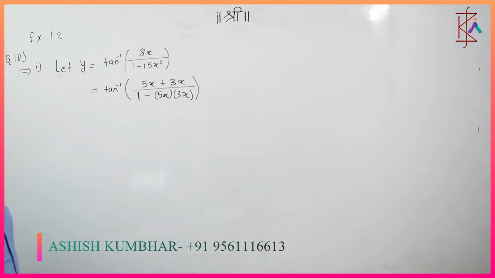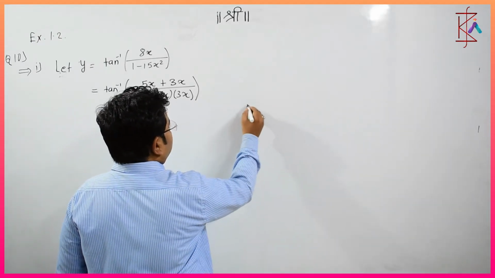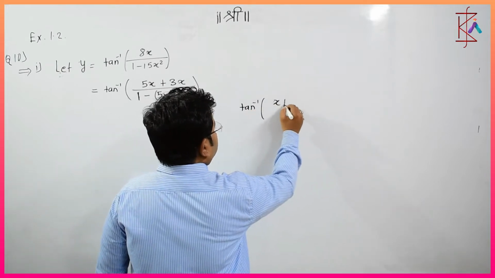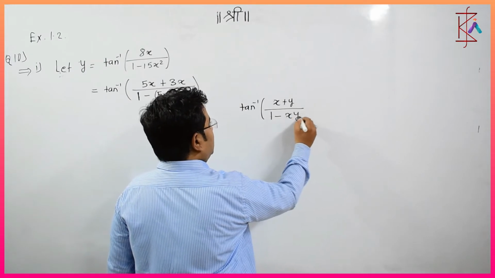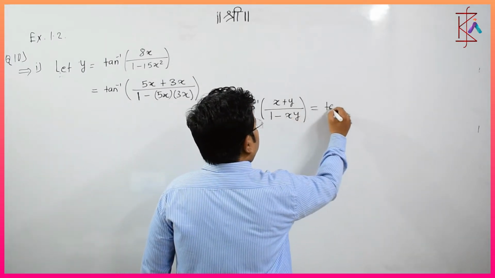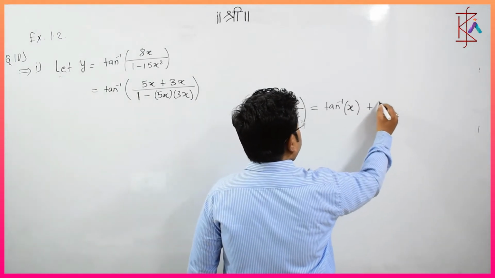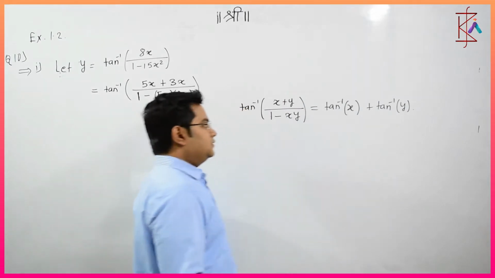Why are we separating these quantities, and what will we achieve by separating them? That is the most important part, because we have one interesting formula: tan inverse of x plus y divided by 1 minus xy is equal to tan inverse of x plus tan inverse of y.